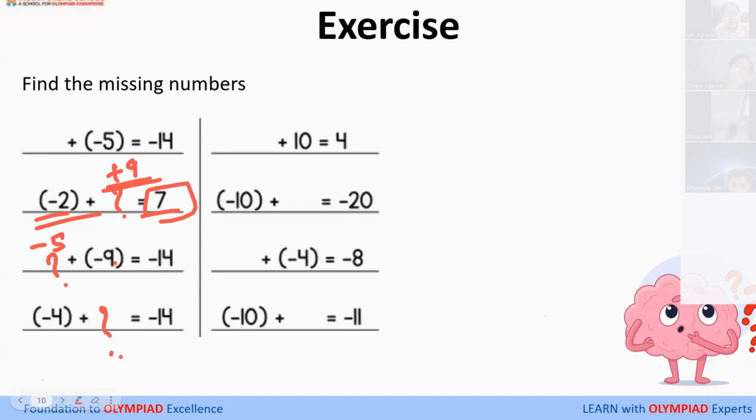Ishi, minus 4 plus what would give you minus 14? Ma'am, can I think for a minute? Yeah, sure. Okay. Arif, can you please guide us with this one? Yes, that is -1. The last one, minus 10 added to what should give you minus 11? Can I just have a minute?